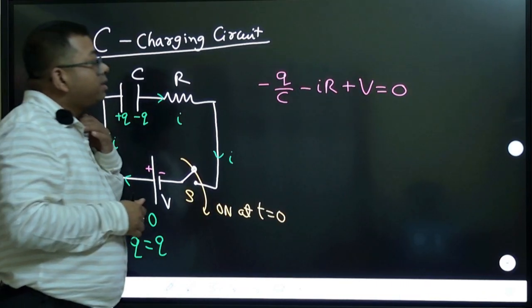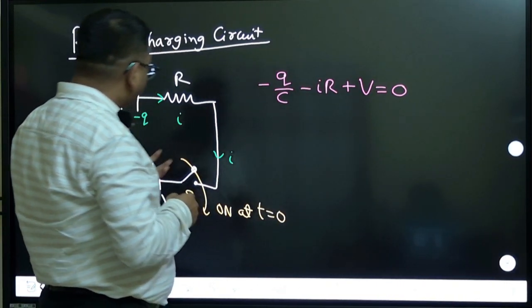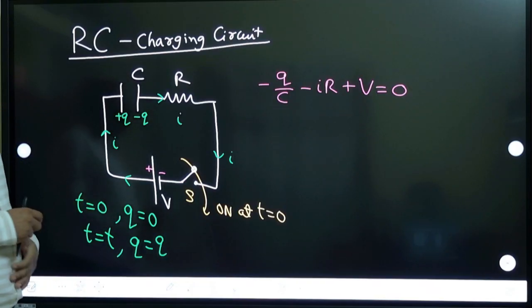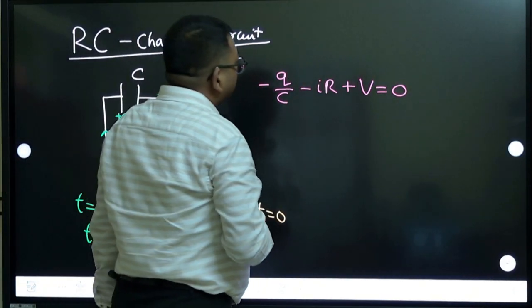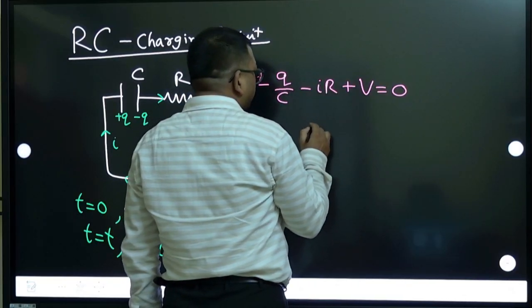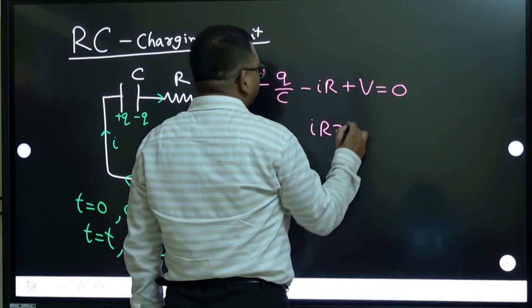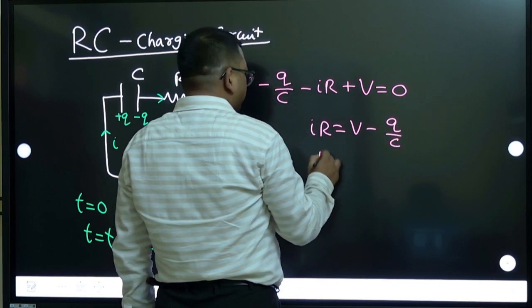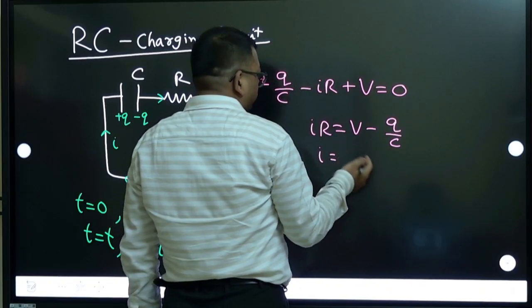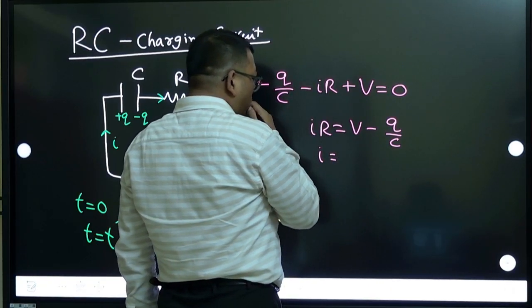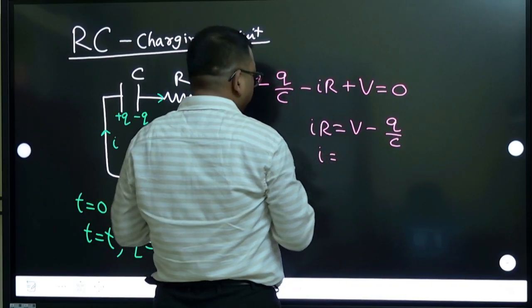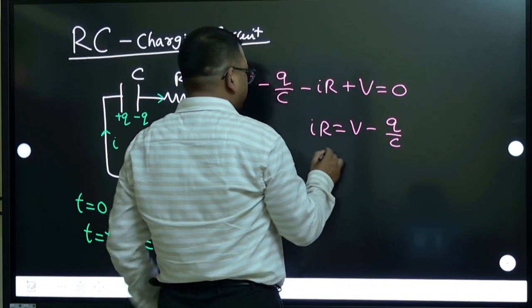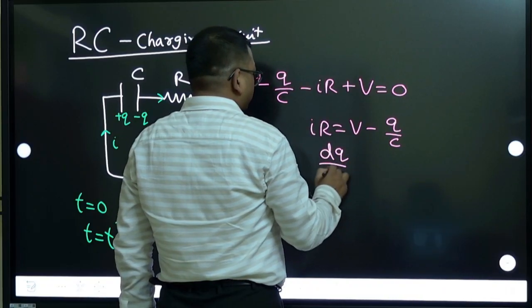Now once we applied KVL, we want to find out how charge is changing or how current is changing. So from here we can write IR is equal to V minus Q by C, and I should be written as dq by dt.